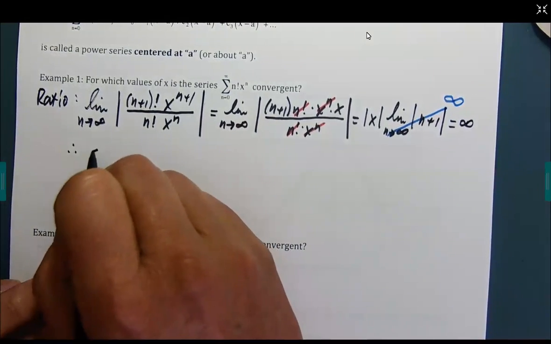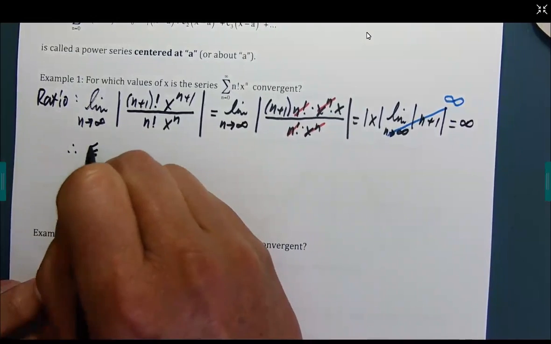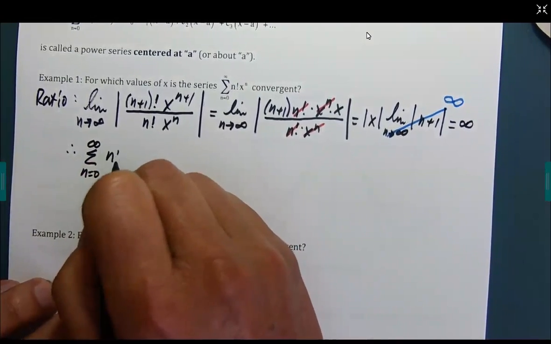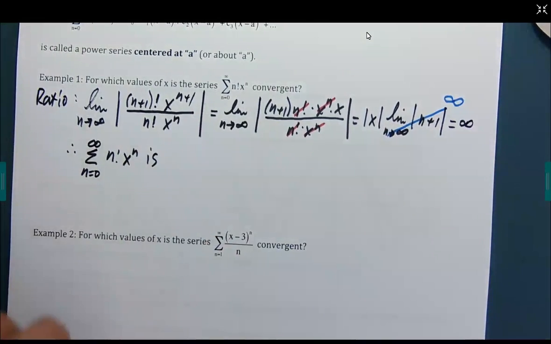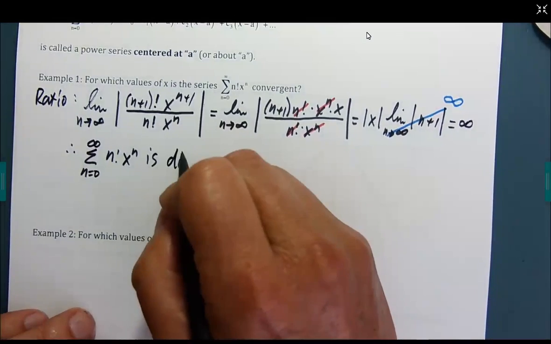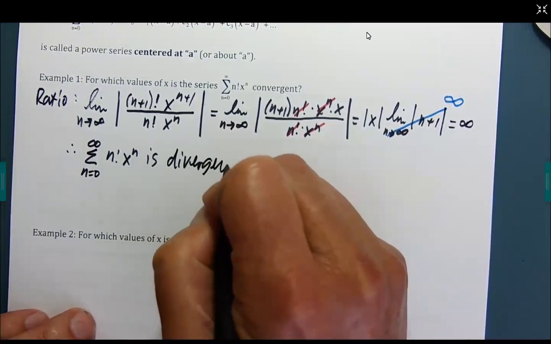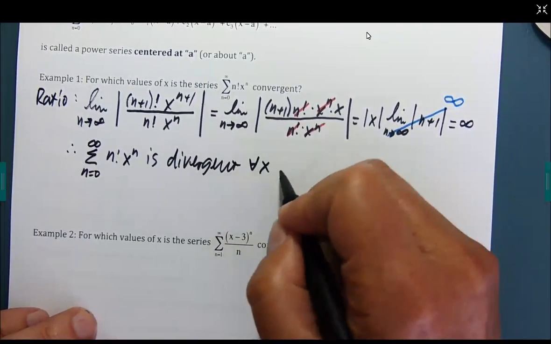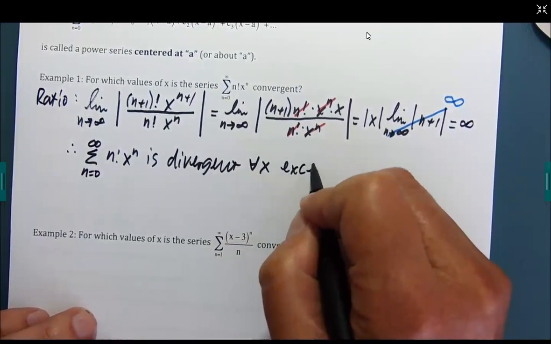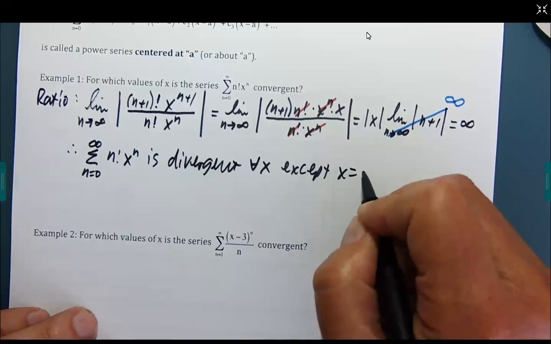Therefore, our summation n equals 0 to infinity, n factorial of x to the n, is divergent for all x except when x equals 0.